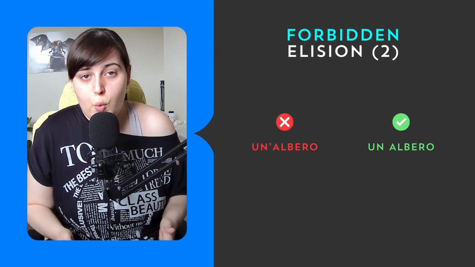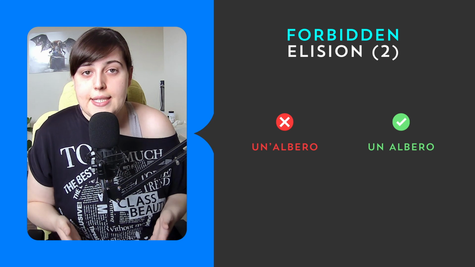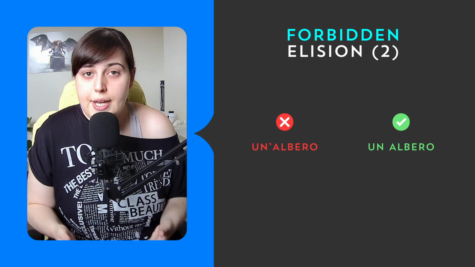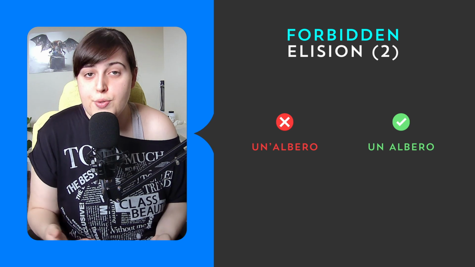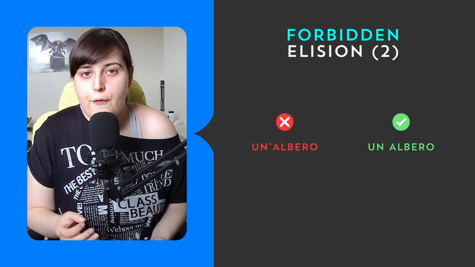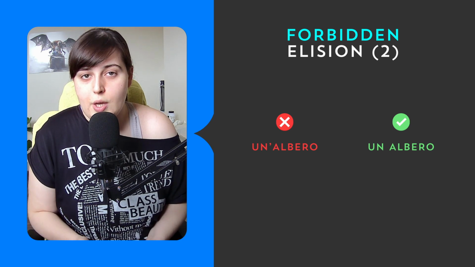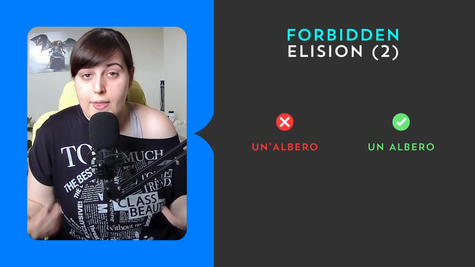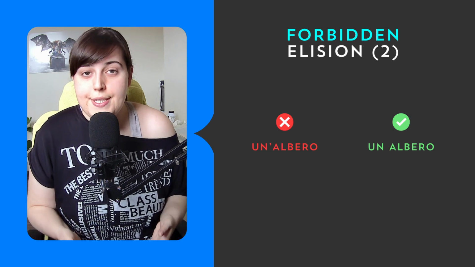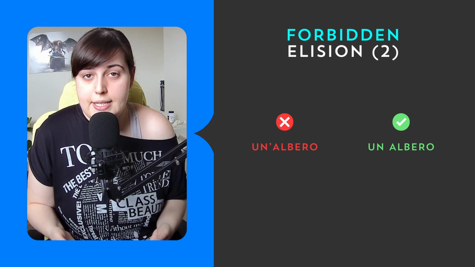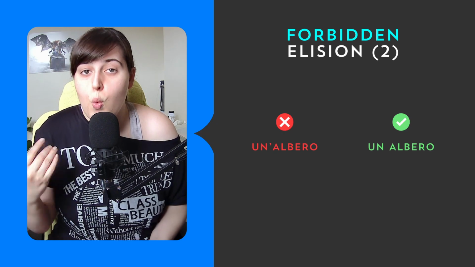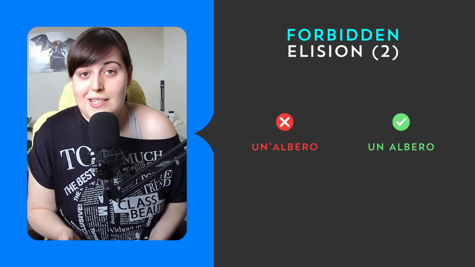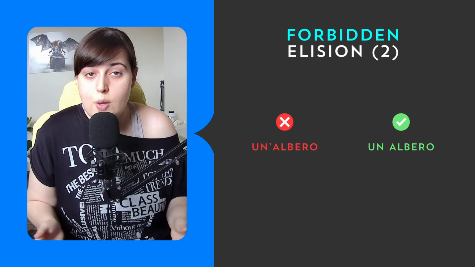Number 2, with un, as it's a case of truncation rather than elision, because un, with the apostrophe, is used instead of una. For example, if we write un autista without the apostrophe, it means that a driver is a man. However, if we write un autista with the apostrophe, it means that a driver is a woman.